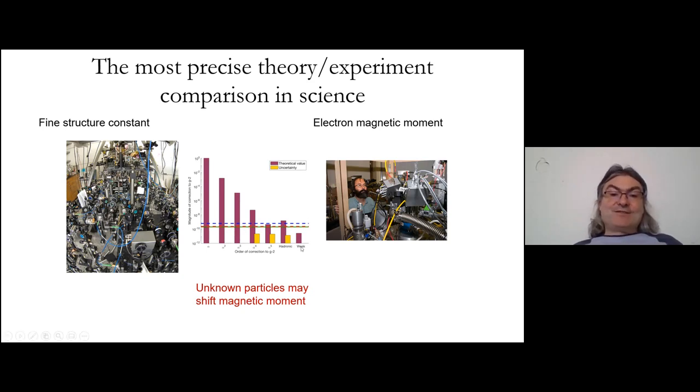The weak interaction is only about an order of magnitude away from mattering. If you look at this, then the hope, of course, is that maybe we have overlooked a particle or a fundamental interaction. And if that's the case, then maybe an enormously precise repetition of this theory and experiment comparison can uncover the missing element. That's the hope here.